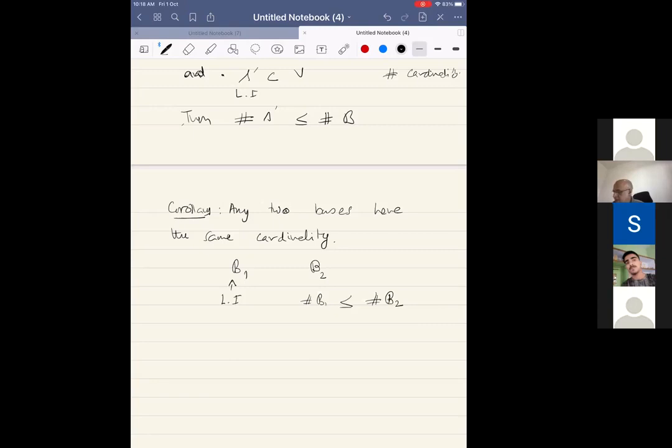On the other hand, I can reverse roles and I get that the cardinality of B2 is less than or equal to the cardinality of B1. So they have the same cardinality.